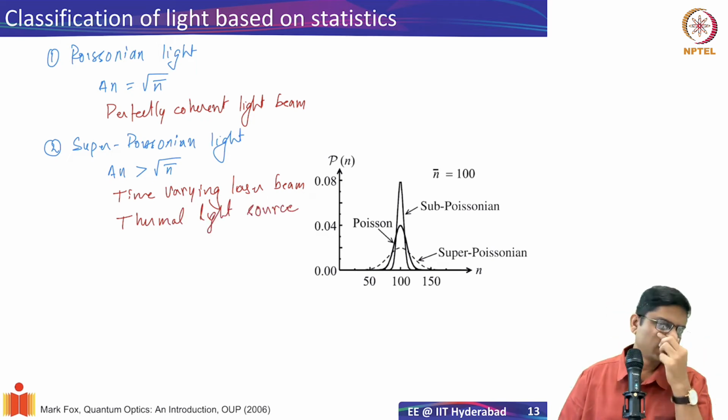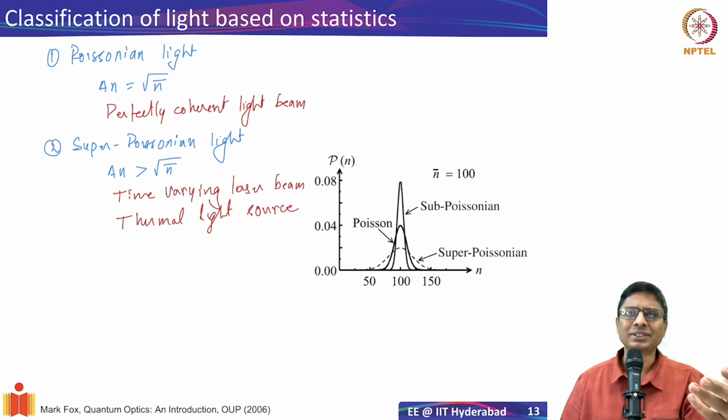Super-Poissonian, generally one of the most popular examples is basically thermal light source. That means you heat up an object, it emits light. Take a piece of steel and heat it to 500 degrees. Okay. In the olden days, actually people used to look at the color of the metal and figure out what temperature it is. People who are skilled at it can figure out, is it hot enough or not to actually hammer it, right? Looking at it, they can figure it out because the light emitted will be different. The color variations we can find out. Okay.